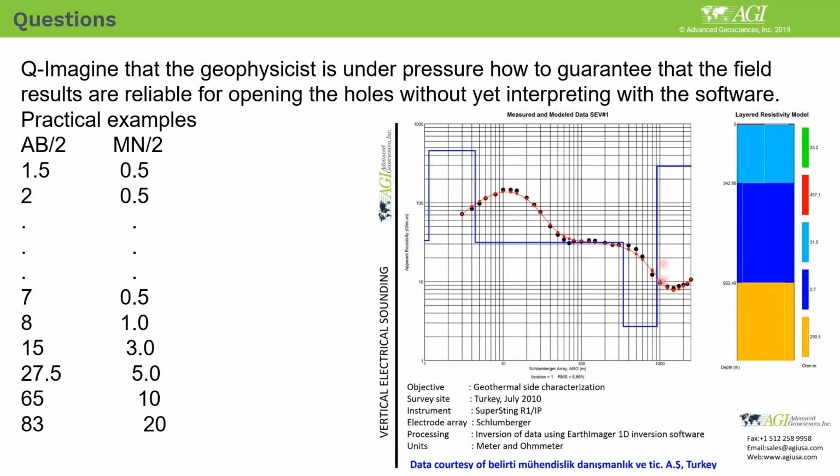If you're looking for water, in this water interval, for example, my water will be about 31 ohm meters in this layer. So I have to find where this layer is, and that will give you where the water is. But this is not groundwater. The next example is groundwater. I'll show you.